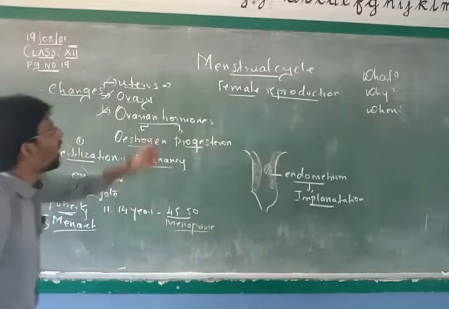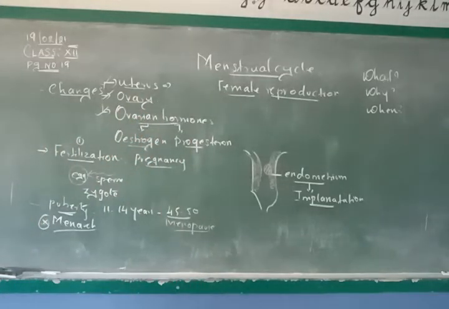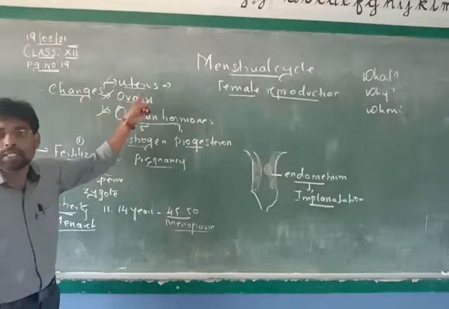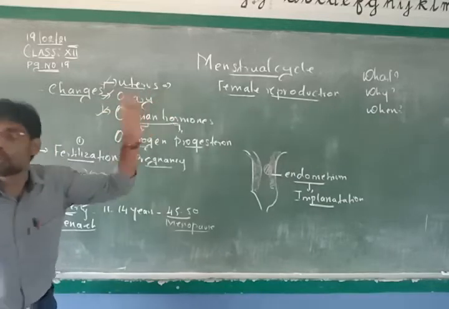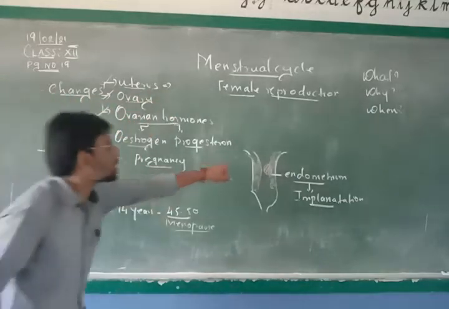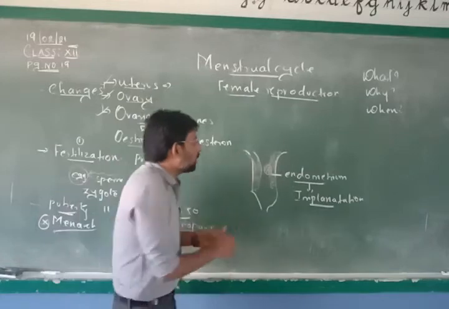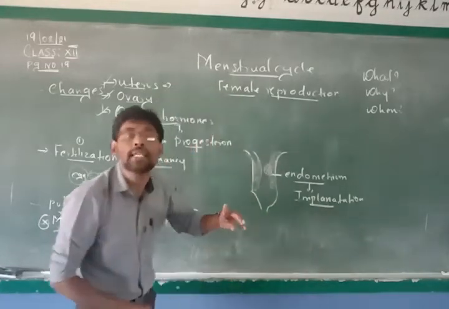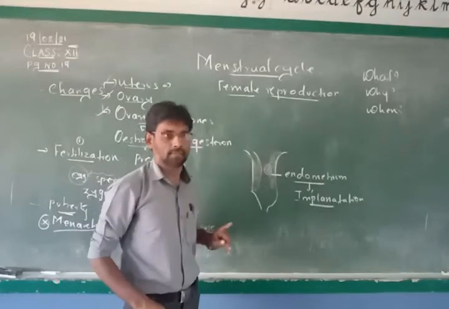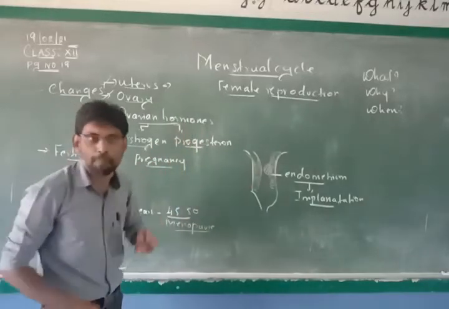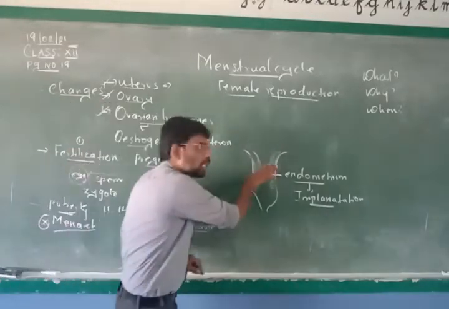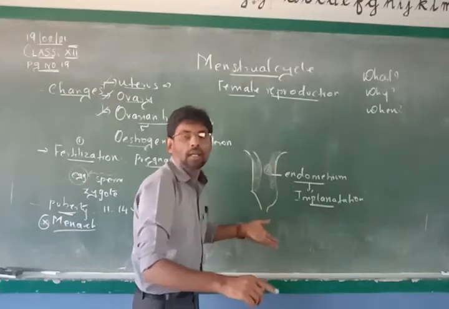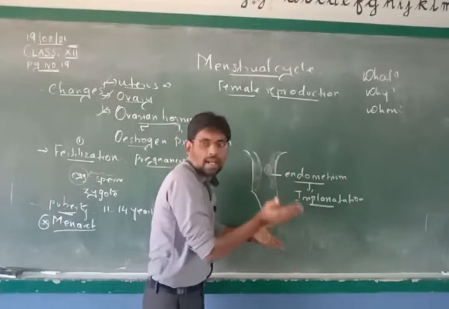Okay. So in every menstrual cycle, what is happening is changes that happen in the uterus. So what change takes place? This endometrium is either degenerated, that means removed fully, or it is regenerated. So in every menstrual cycle this happens: the endometrium will go off, or the endometrium will again start generating.